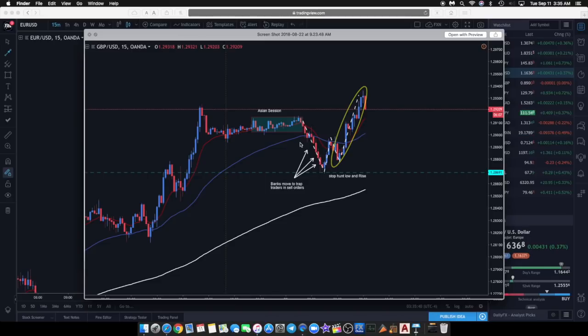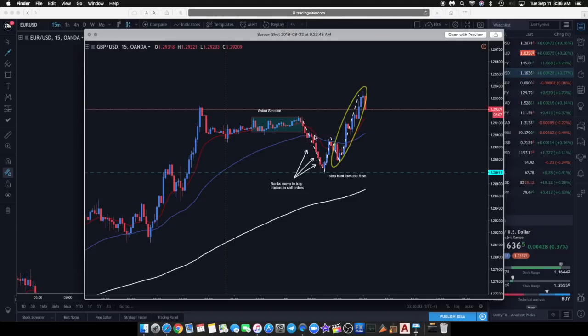We have our trap move past the Asian low, came back up, and as we talked about before, they did not come back all the way down to retest that because they got all the orders that they needed from traders that they wanted to be selling to go up.